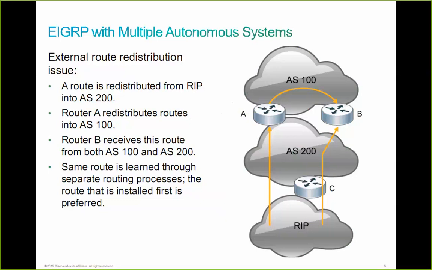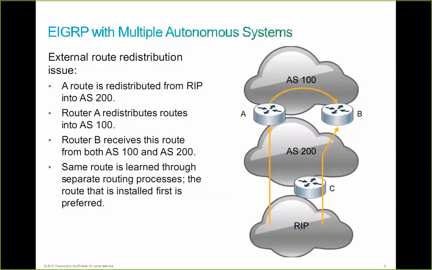In this particular diagram that you're seeing on the screen, we're doing routes redistribution from RIP into autonomous system number 200 through router C. And then router A redistributes into AS100.